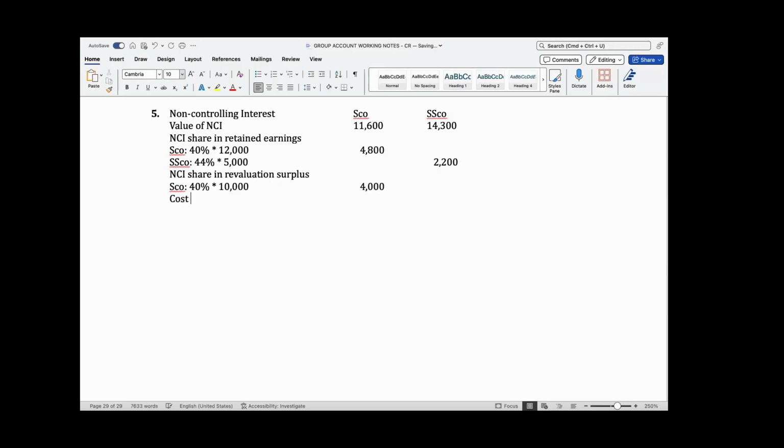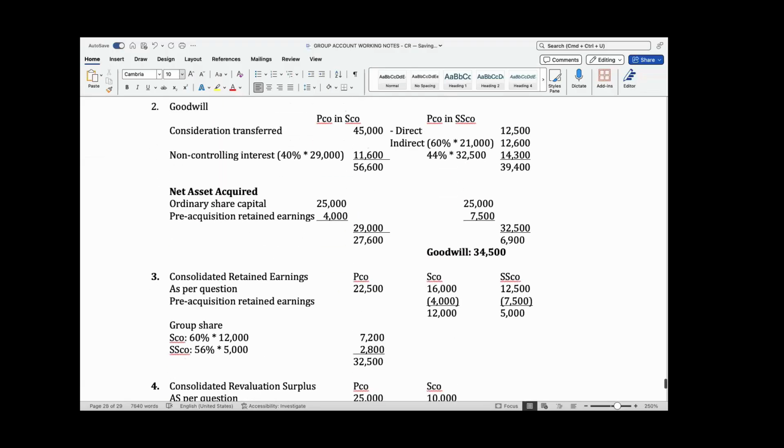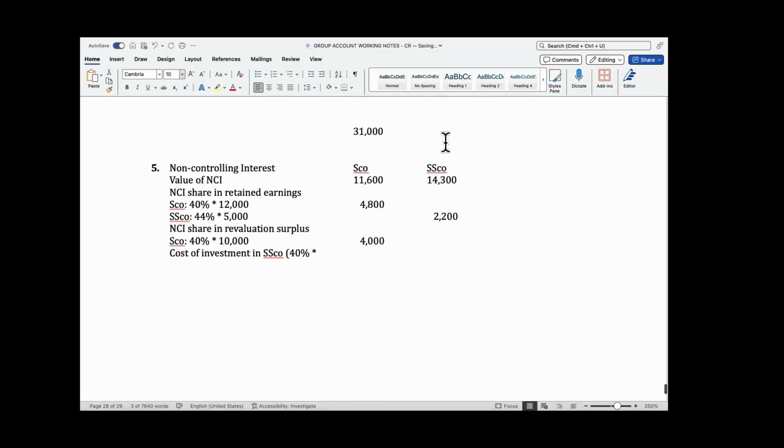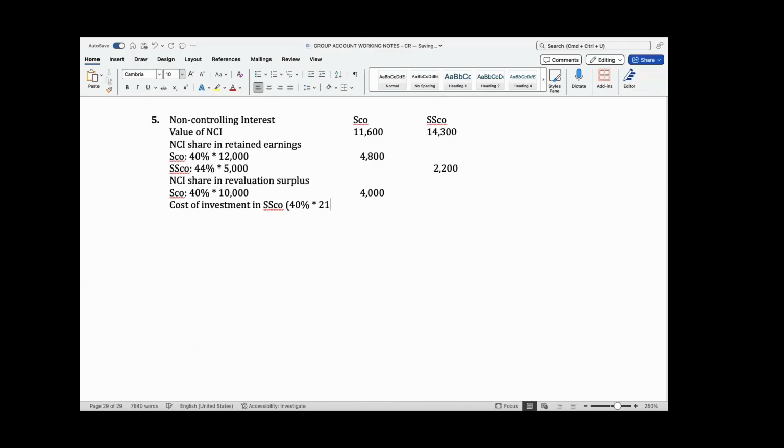Then my cost of investment in SSCO, which is 40% times, how much did they pay? This guy pays 60, he will pay 40, of 21,000 ESCO paid.